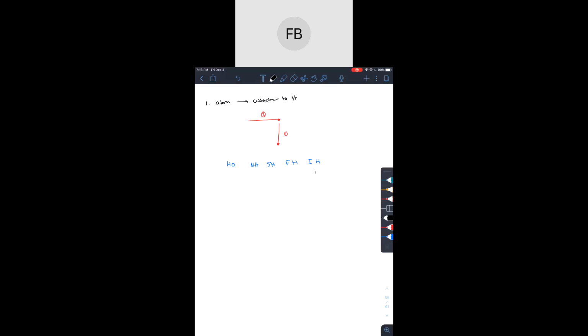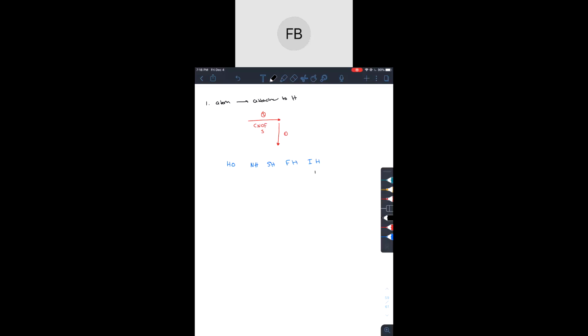Let me look at the periodic table, it goes CNOF, and S is right underneath O. So would it be FH next, or would it be SH?